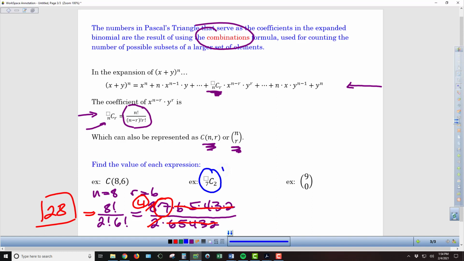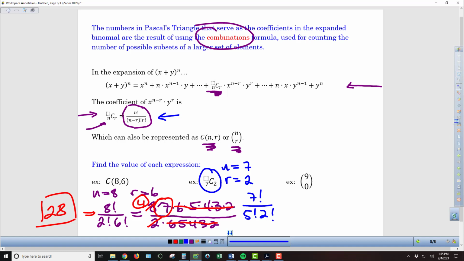In the second example, we've got a different format, but the same formula applies. So our n value is going to be 7, our r is 2. So I plug those into the formula that we see right here. We have 7 factorial over n minus r, so 7 minus 2 is 5 factorial, and then we've got the r factorial, which is 2 factorial.